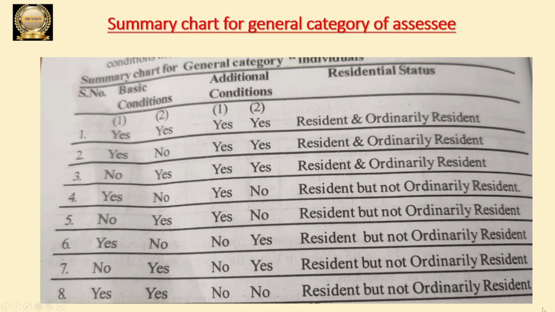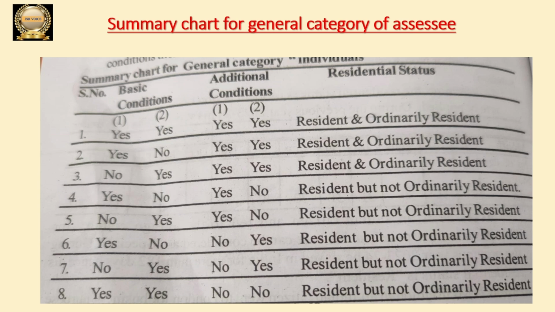Now let us discuss some points. Till now we discussed all the rules for general category assessees and for special category assessees. There is one chart you can see on the screen: what conditions they are satisfying, and what the residential status is.